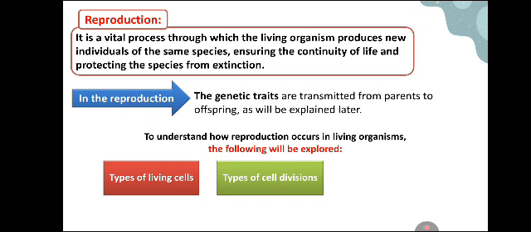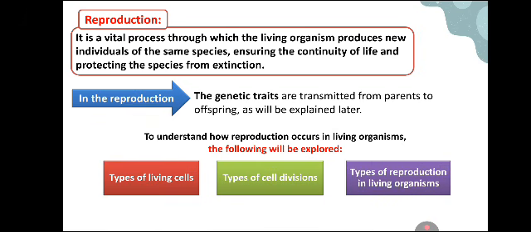To understand how reproduction occurs, we are going to study, number one, the types of living cell, number two, the types of cell division, and third, the types of reproduction.